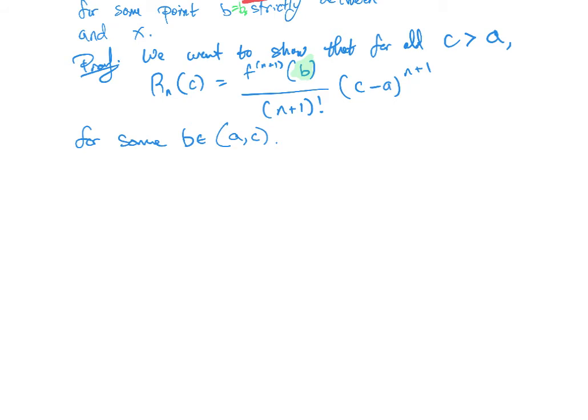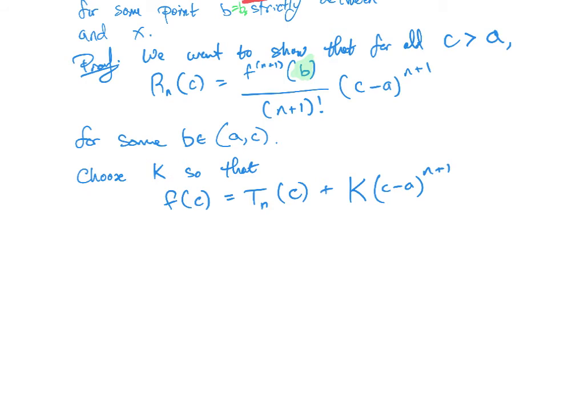So we're going to choose a capital K so that the function evaluated at C is its Taylor approximation evaluated at C plus this constant K times C minus A to the n plus 1.